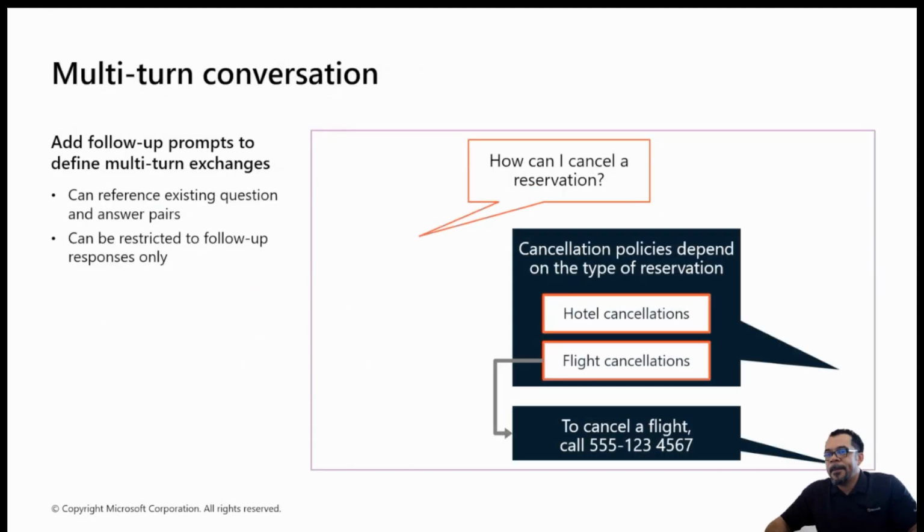Now, first of all, it's very important that you understand the types of questions that your users are going to ask. This is going to be very important. Let me give you an example here. If I'm a hotel, let's pick the Marriott Hotel. And I go to Marriott's website, and there's a chat box that pops up, a Q&A box.